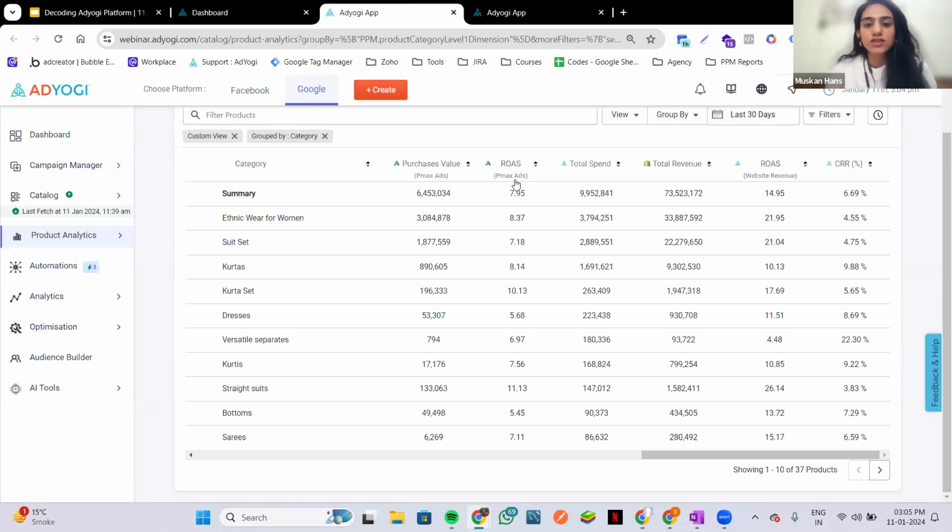As I said, this is a comprehensive view and it will give you an understanding of how your categories are performing, not just on one channel, but on two channels, as well as compared to the website, where you can compare your paid ad spends to the overall website revenue, and your overall website revenue will contain your organic revenue as well as revenue from your paid ads. So that is the difference. I hope I was clear.